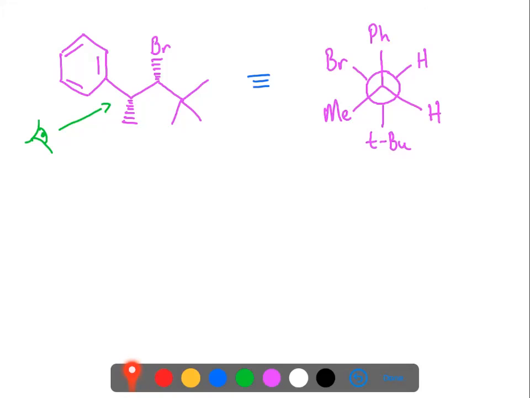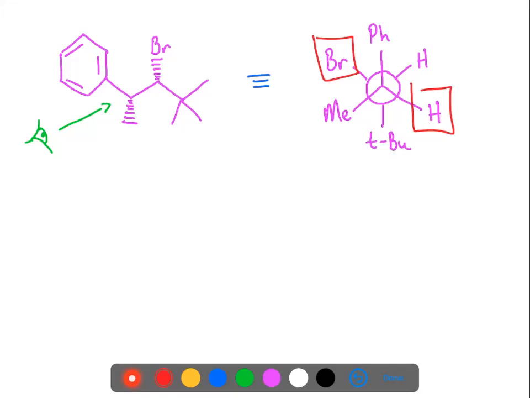So we have the base coming in, removing this hydrogen as a proton, these bonding electrons becoming the new double bond or pi bond between the two carbons in our Newman, and this bromo substituent will leave as the bromide.